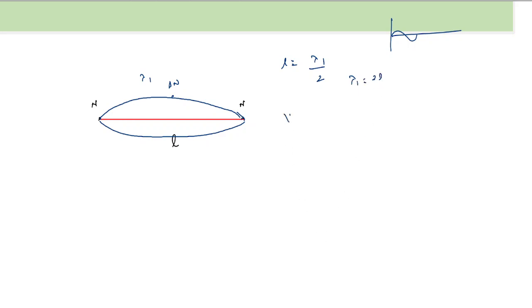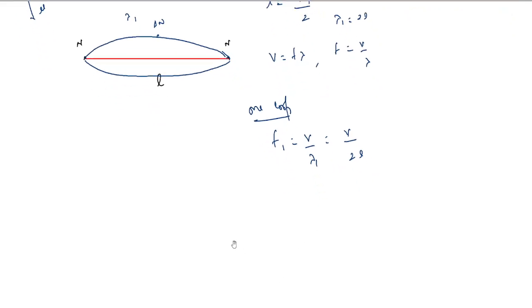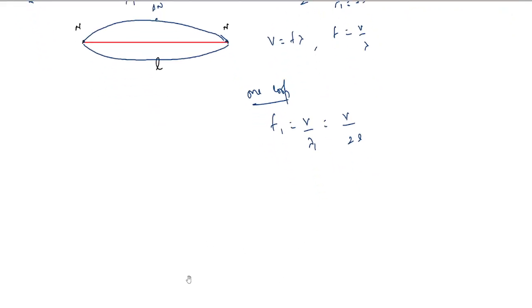We also know that V is equal to f times lambda, which implies f is equal to V by lambda, and velocity is given by root of T by mu, assuming that tension remains constant. Therefore, for one loop, the frequency, which we call F1, is equal to V by lambda 1, that is V by 2L.